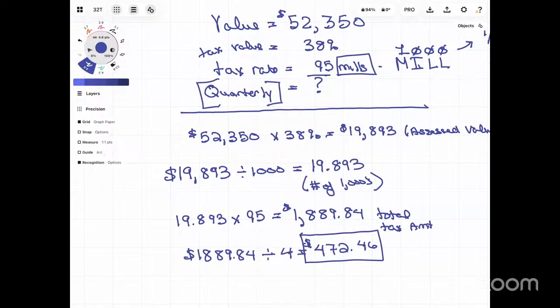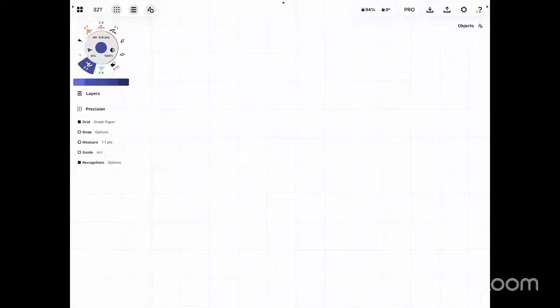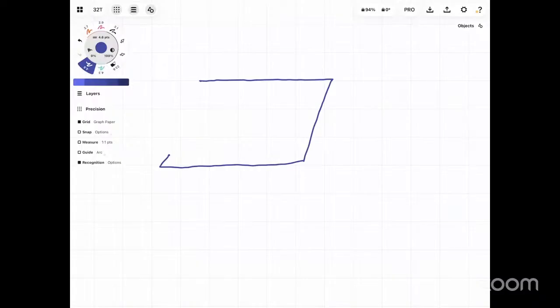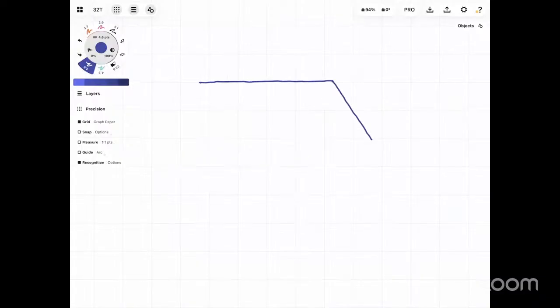All right. Our next one is, ooh, I like this one. It says you've got this shape. So there's a piece of land that is shaped like this.